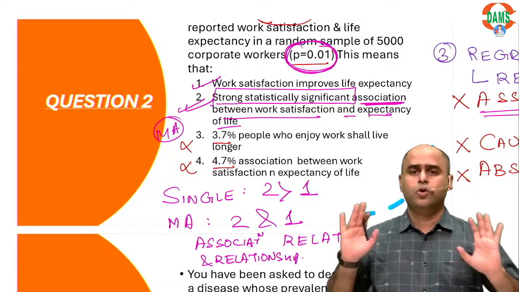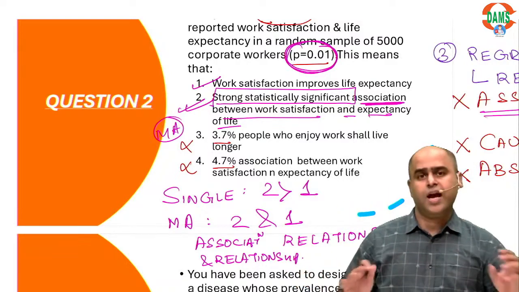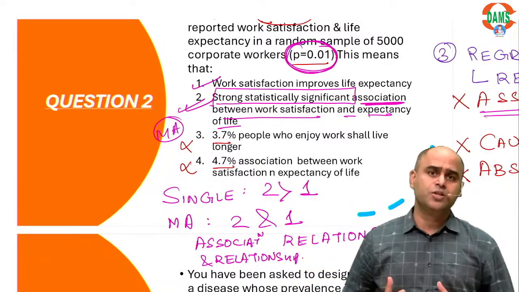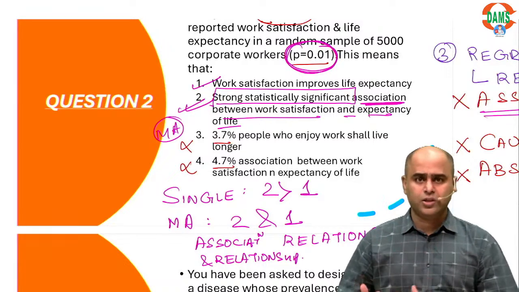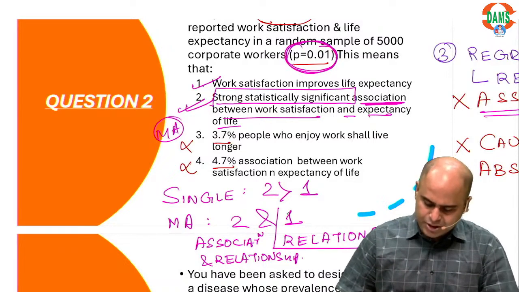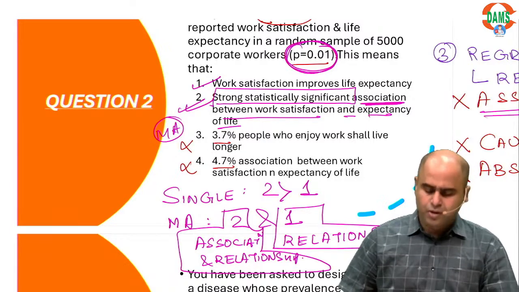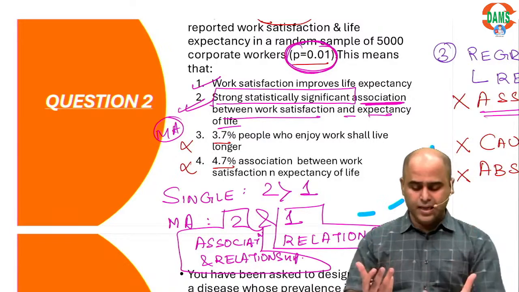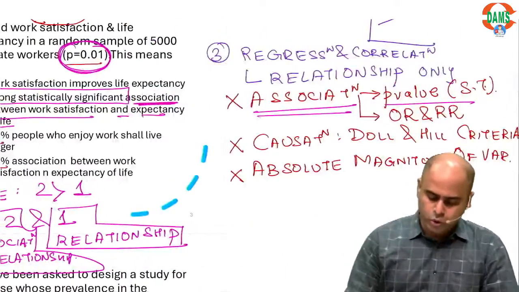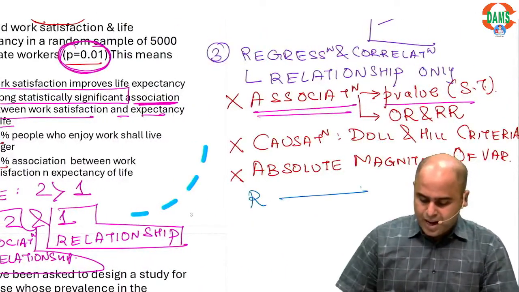Done guys? Everyone is clear. I have explained why the answer is not 1, because it talks about only relationship, whereas 2 talks about association, which is superior to relationship, because you know the pathway RAC.